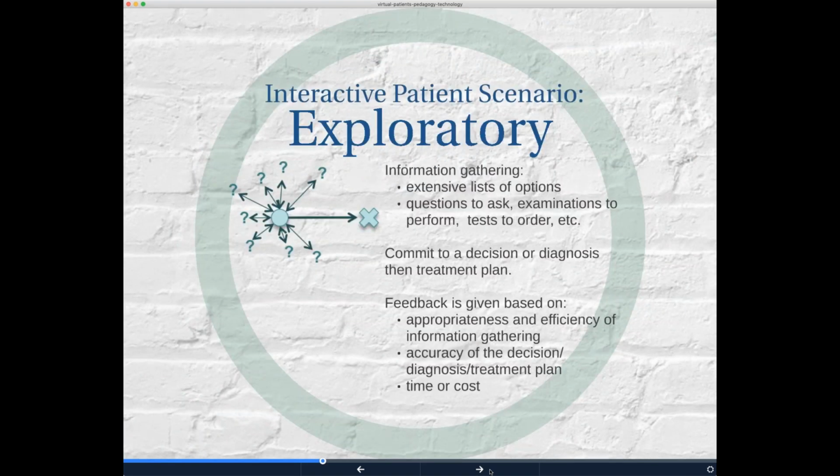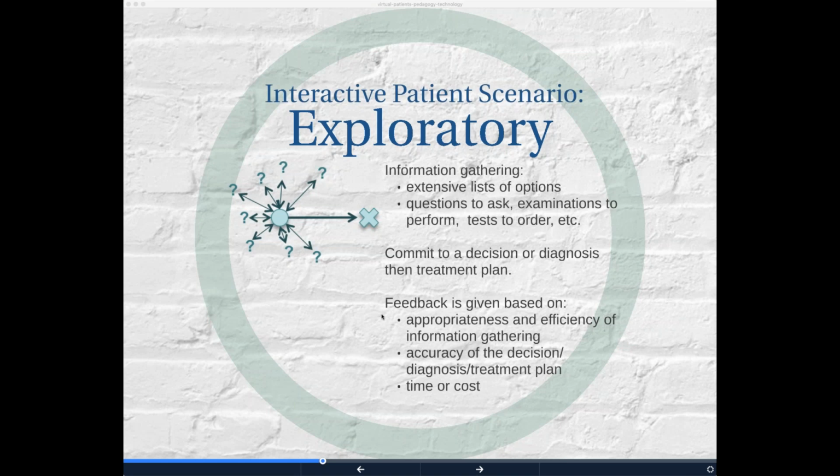Then there's a cluster of virtual patient types that Kanonowicz and his colleagues called interactive patient scenarios. And these can actually manifest in several different ways. So you'll see a few different types presented. The first is exploratory type.